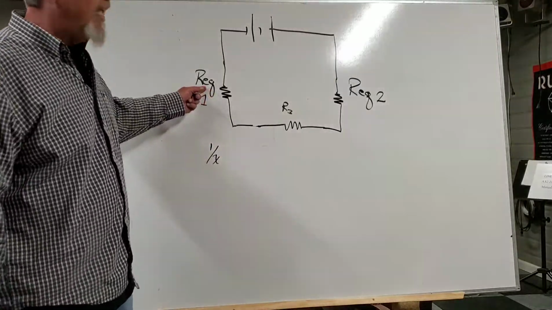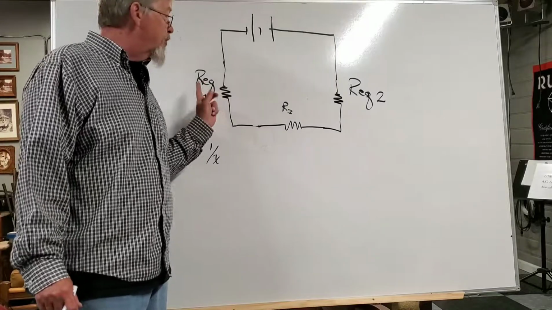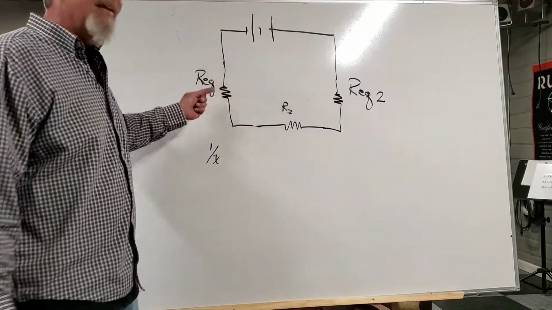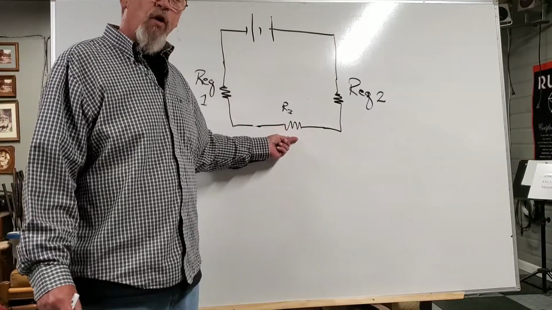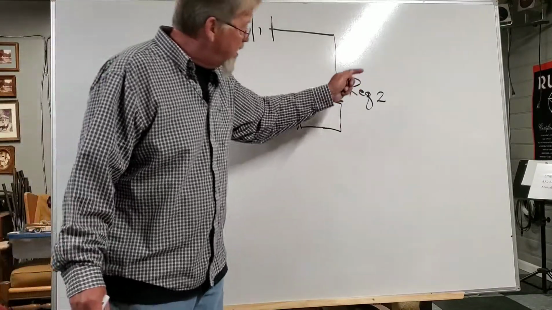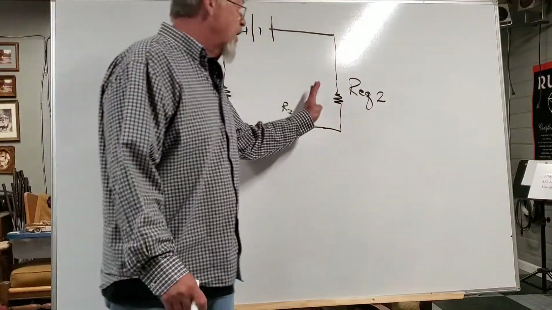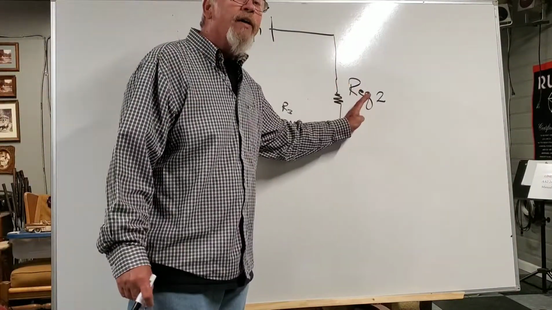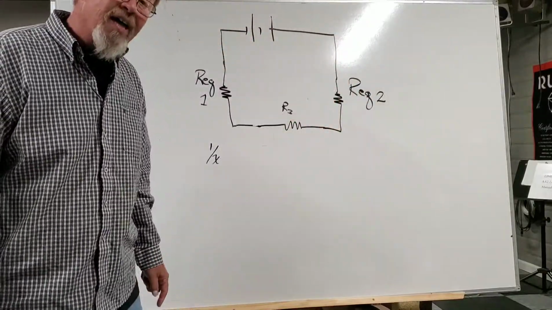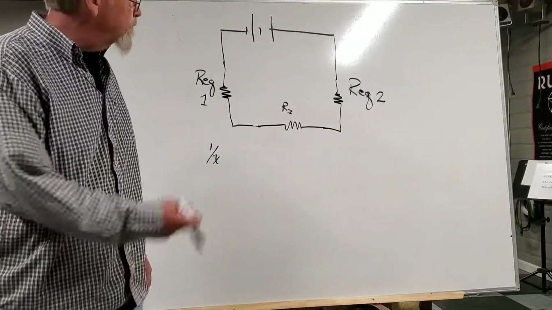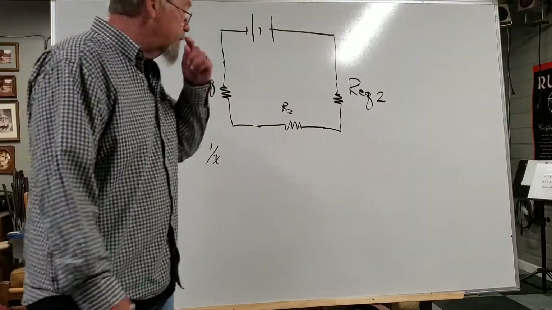So I'm going to take the equivalent resistance, not the resistance of 1, not the resistance of 2. I'm going to take the equivalent resistance, add it to the resistance of R3, and turn around and add in the value of equivalent number 2. Not the value of 4, not the value of 5, but the equivalent resistance, because that's what's in series with R3.